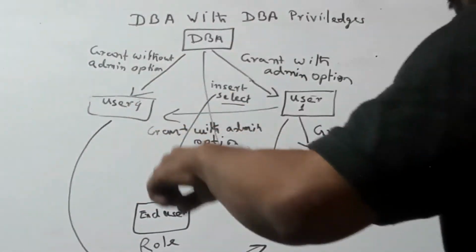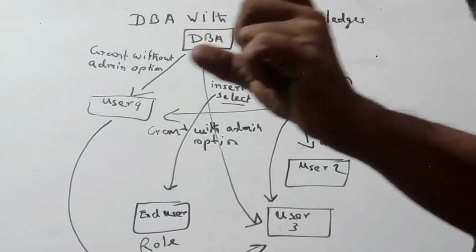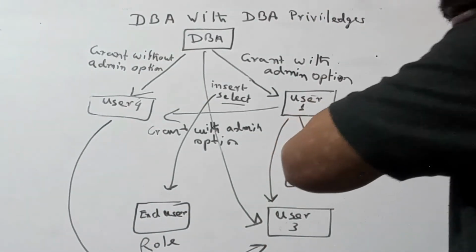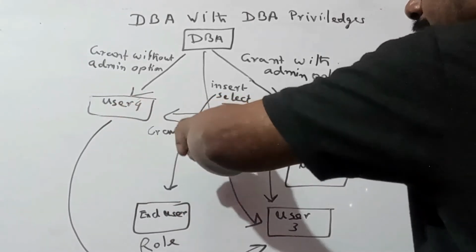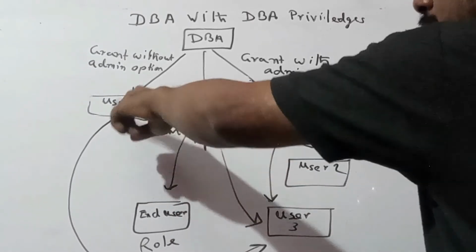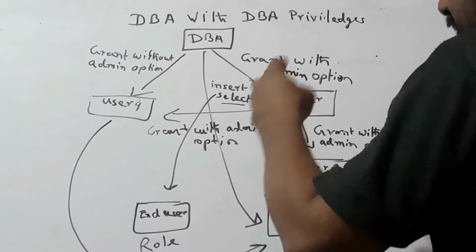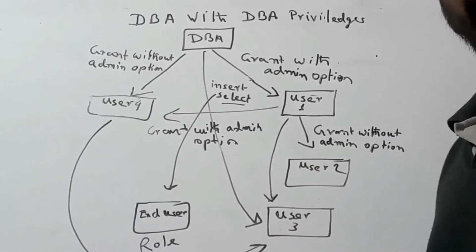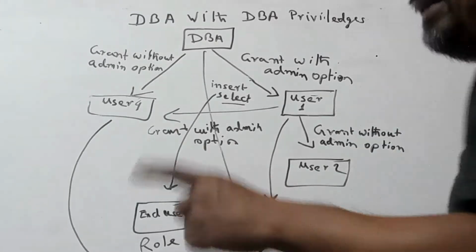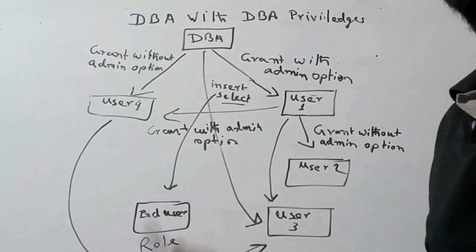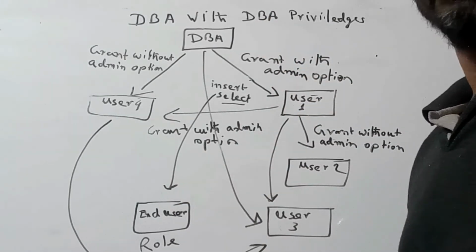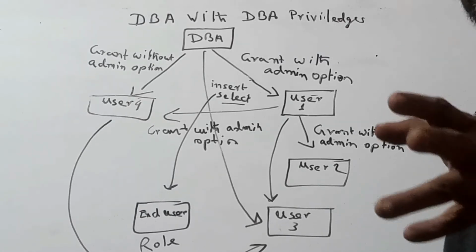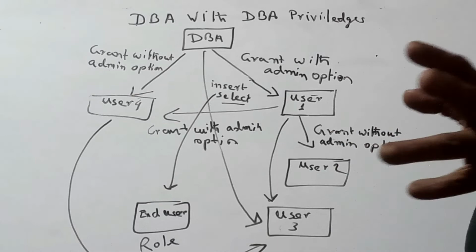Now those are the last leaf users. Here user 1 is a node user, and user 4, if provided a grant with admin option, is a node user. But user 3 is a leaf user, and user 2 is a leaf user. That means the DBA doesn't have to provide for everybody, and doesn't take the extra load or pressure.